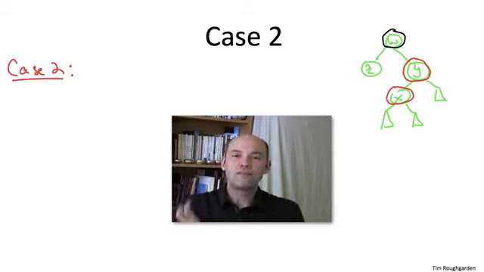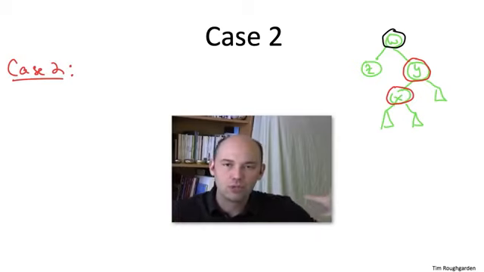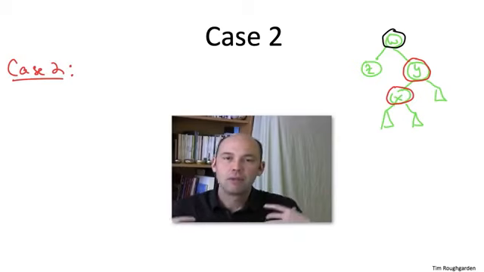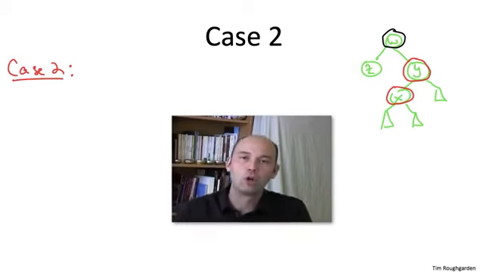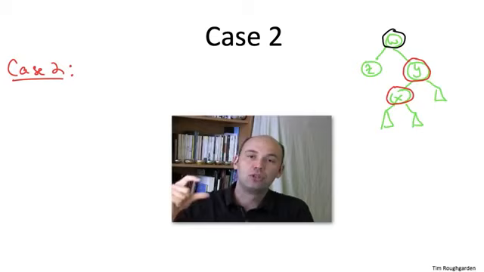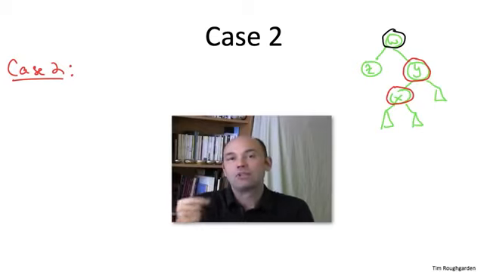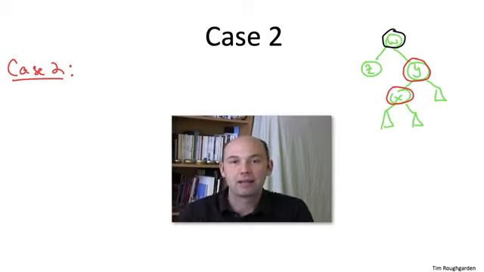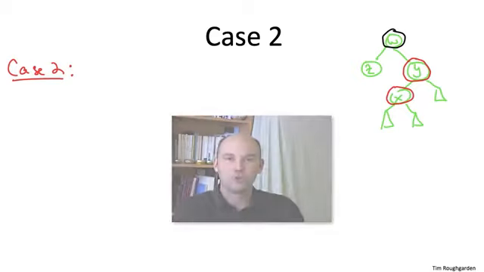I want to emphasize you might find yourself in case 2 right away when you insert this new object X. It might be that immediately it has some uncle which is colored black, or it might be that you've already visited case 1 a bunch of times, propagating this double red up the tree, and now at some point the deeper red node X has a black uncle. Either way, as soon as that happens, you trigger case 2.